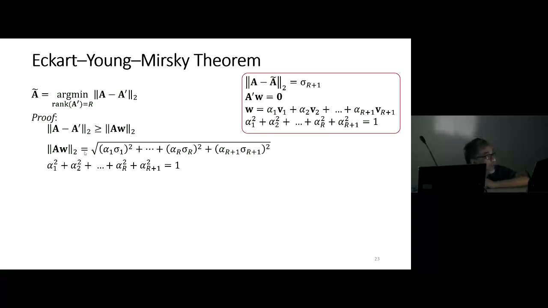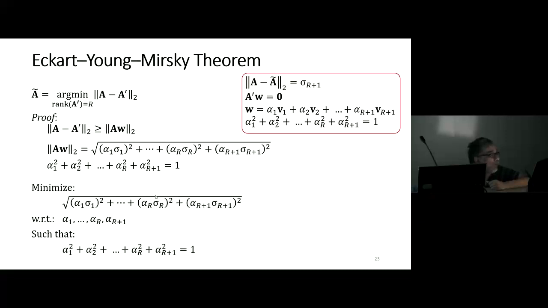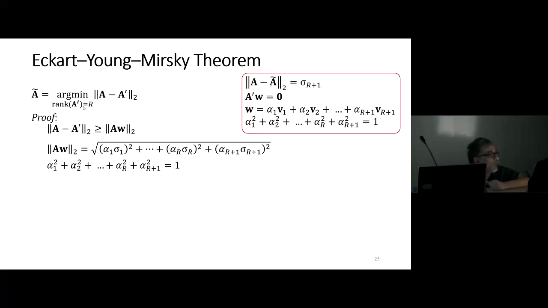So these are these two expressions, and I repeat this here: the summation of the alpha i squares equals 1. Now, I want to find the minimum of this, right? I want to find an A prime which minimizes my L2 norm of this. And I already showed that the L2 norm of A minus A prime is always greater than or equal to the L2 norm of AW, such that A prime W equals 0.